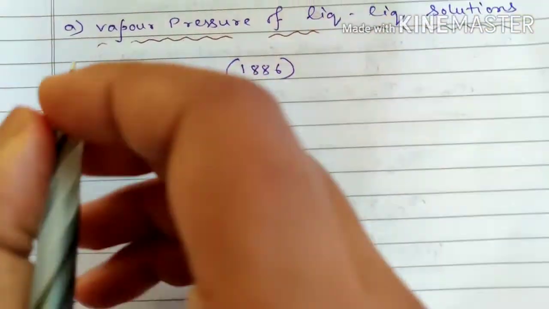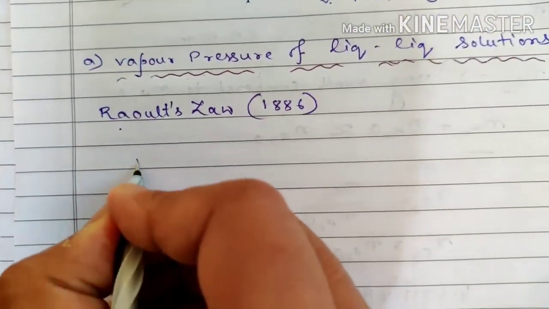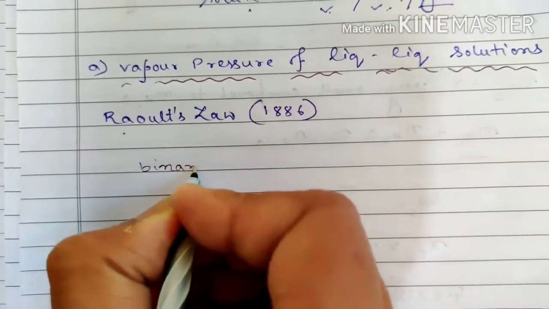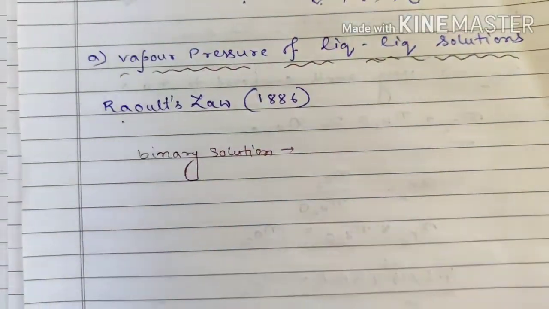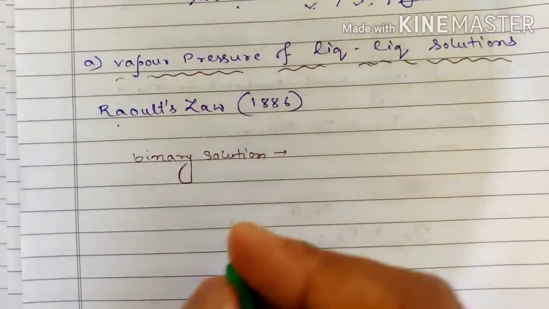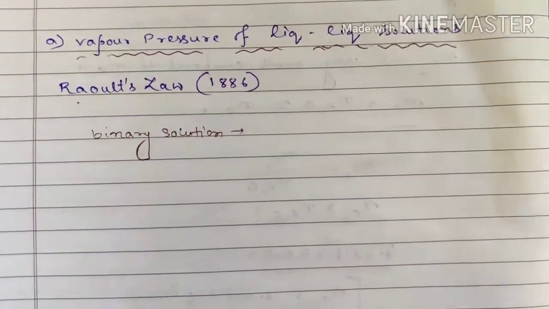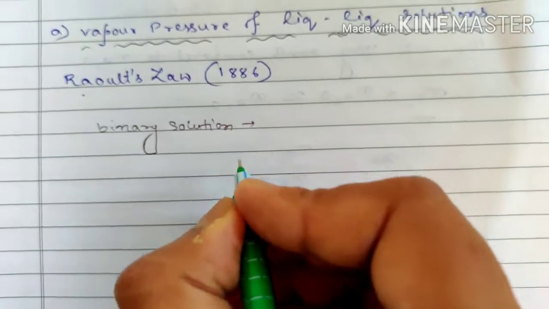If we try to define the law in a simpler way, we have to consider first of all a binary solution. What is a binary solution? Binary means we will take two liquids, since it's a liquid case.